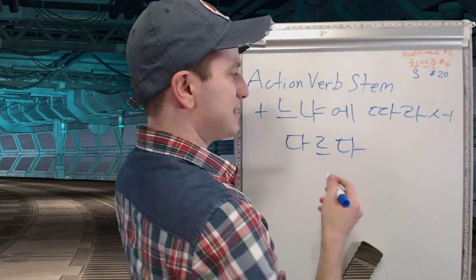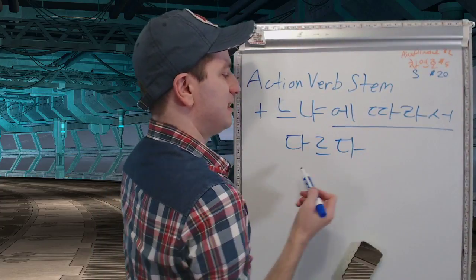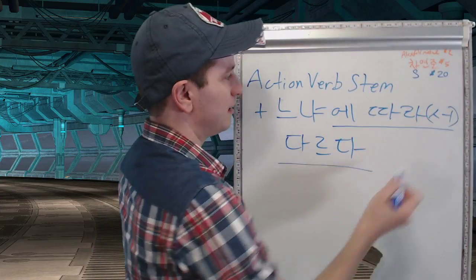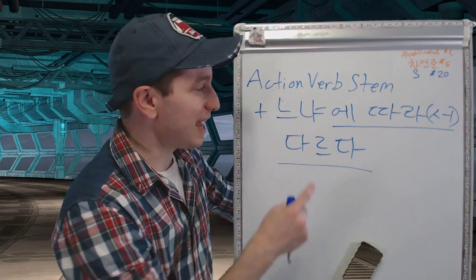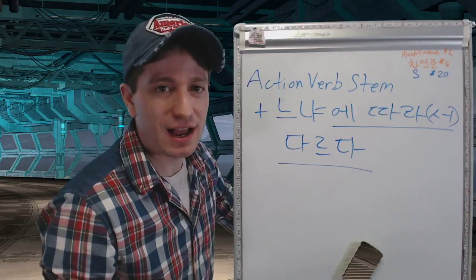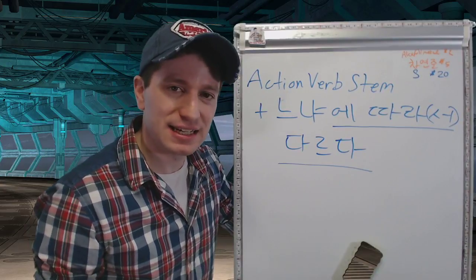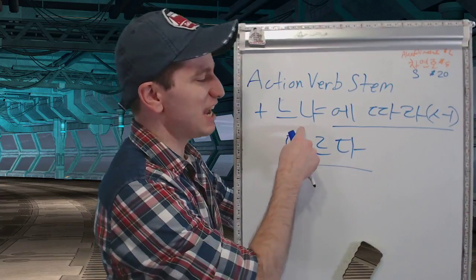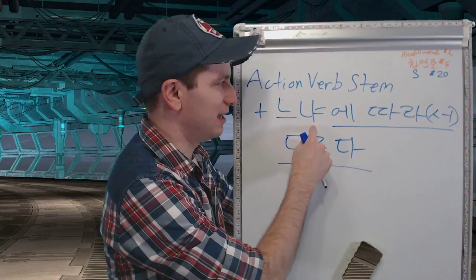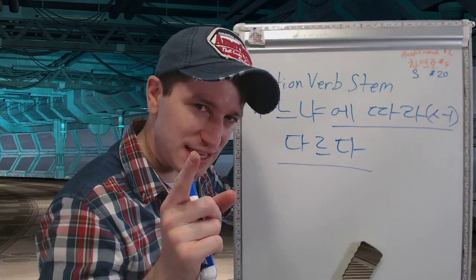Okay, this is the exact same form at the end: 에 따라서 다르다. Action verb stem. Before we had action verb stem with 는지, 하는지, 했는지, like that. Now we have 느냐. Again, with an action verb stem though.